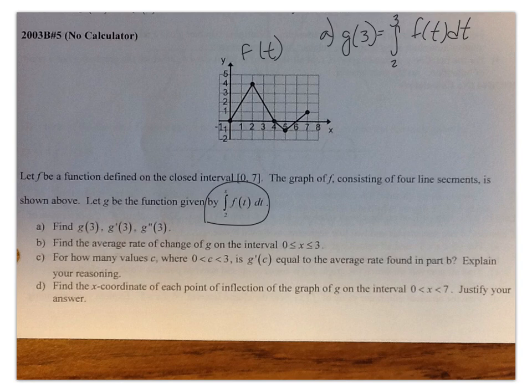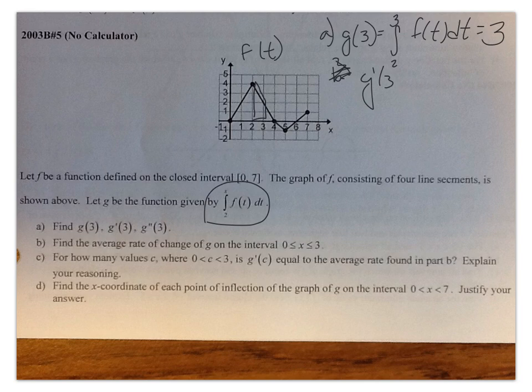We're doing the integral from 2 to 3, so that's this little trapezoid right here. You do have to know how to find the area of a trapezoid on the AP Calculus exam. Base 1 is 4, base 2 is 2, so 4 plus 2 is 6. Times a height of 1, then divided by 2 is 3.